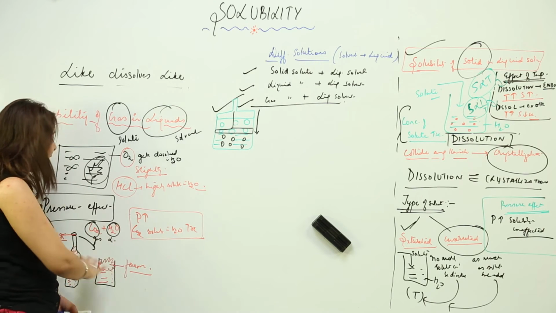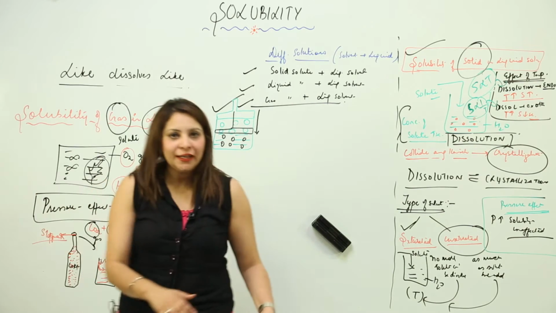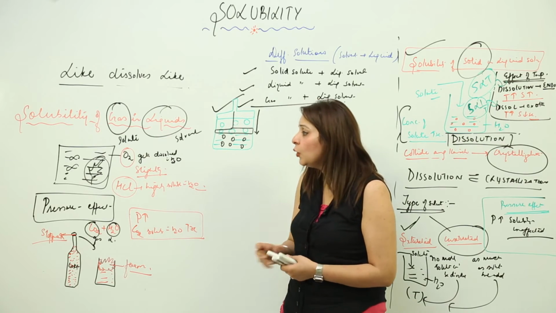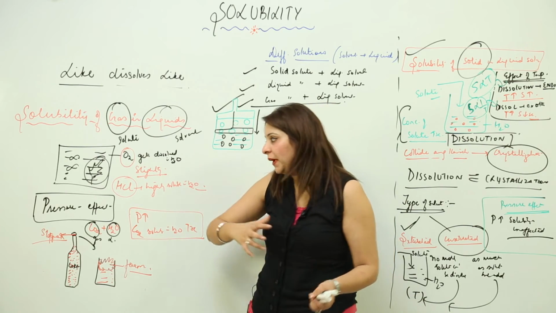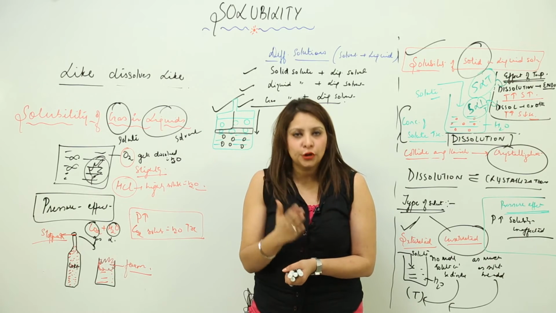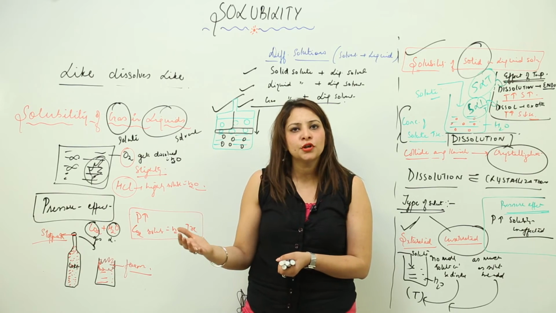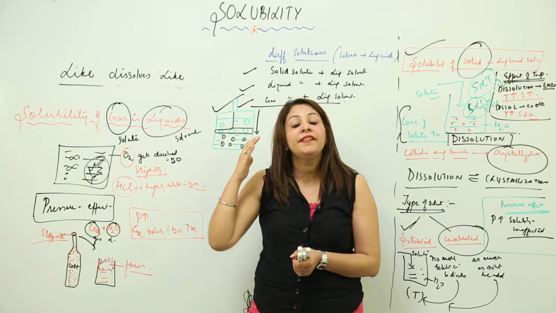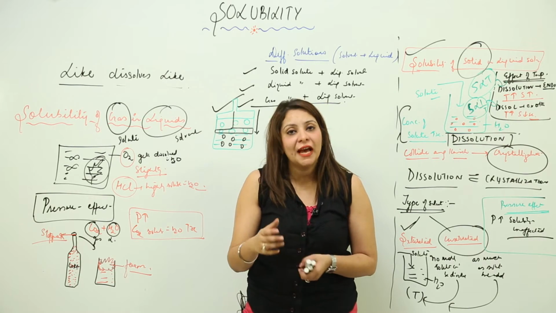So this is the pressure effect which you can see in your daily routine, right? Now we have a law which is based on this pressure effect, because as you saw, pressure plays a very important role. Temperature also plays an important role, but if we compare both factors, pressure plays a very important role in the solubility of gas in liquid.